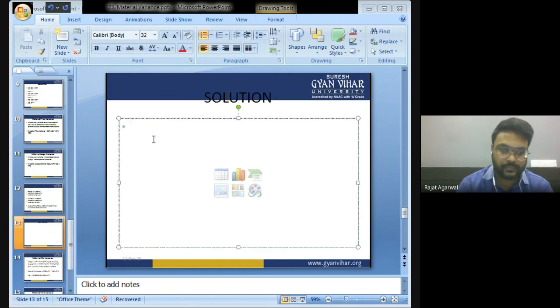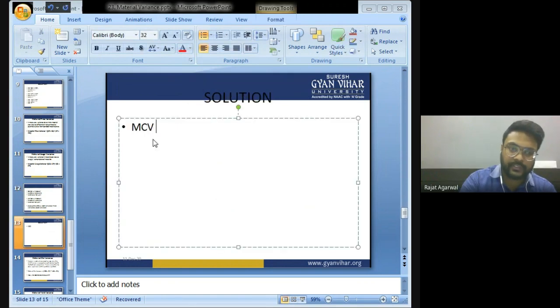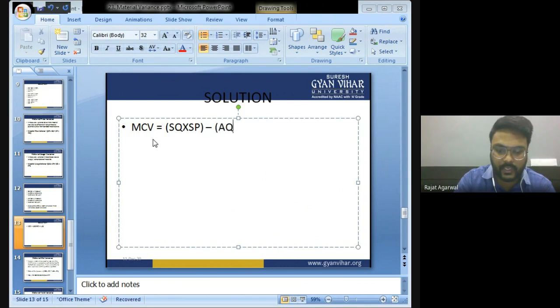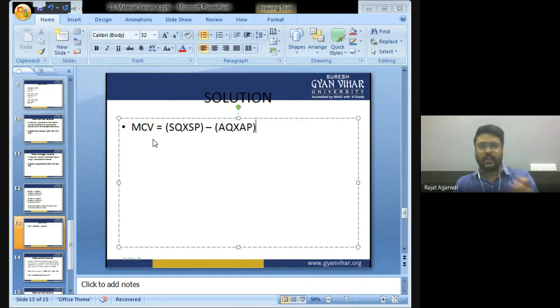The formula of material cost variance is standard quantity into standard price minus actual quantity into actual price. This is the formula: standard quantity into standard price minus actual quantity into actual price.